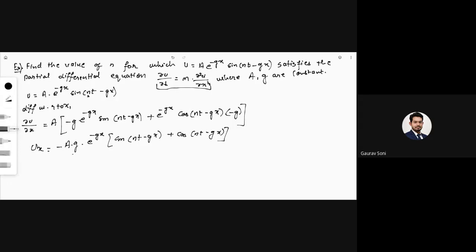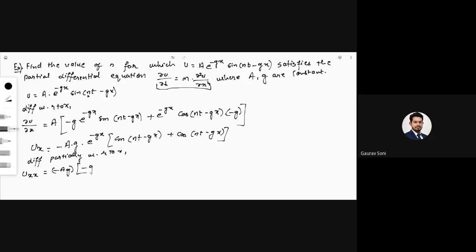So differentiating this once again partially with respect to x. So uxx is equal to minus Ag being constant, and then I will have to apply the product rule on this.